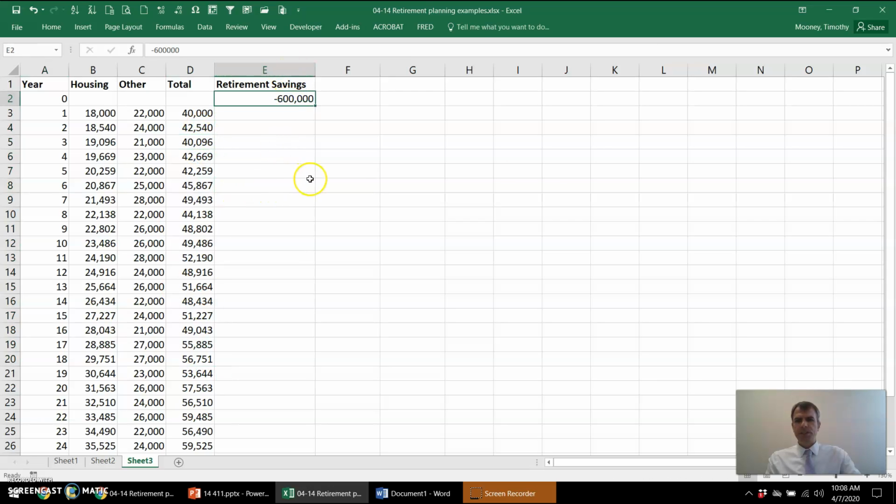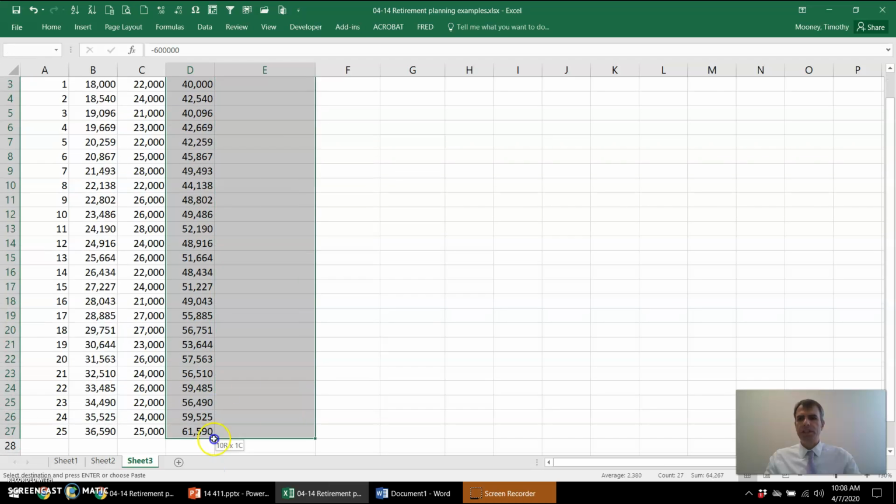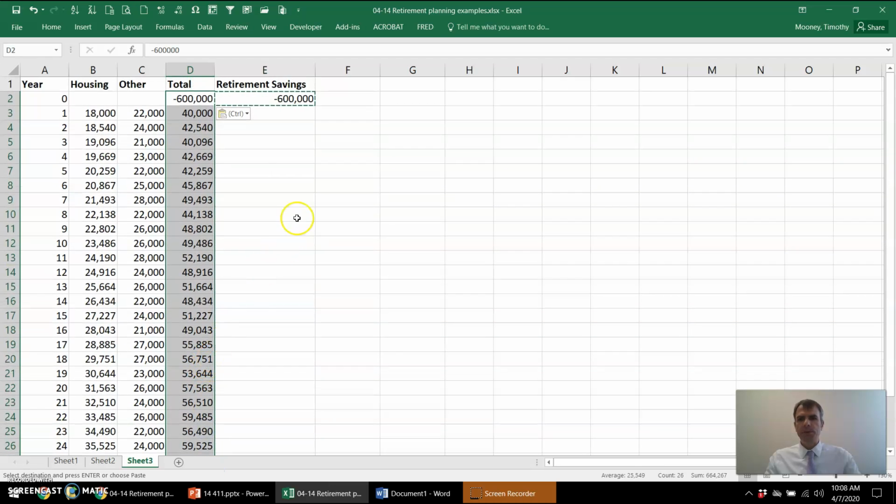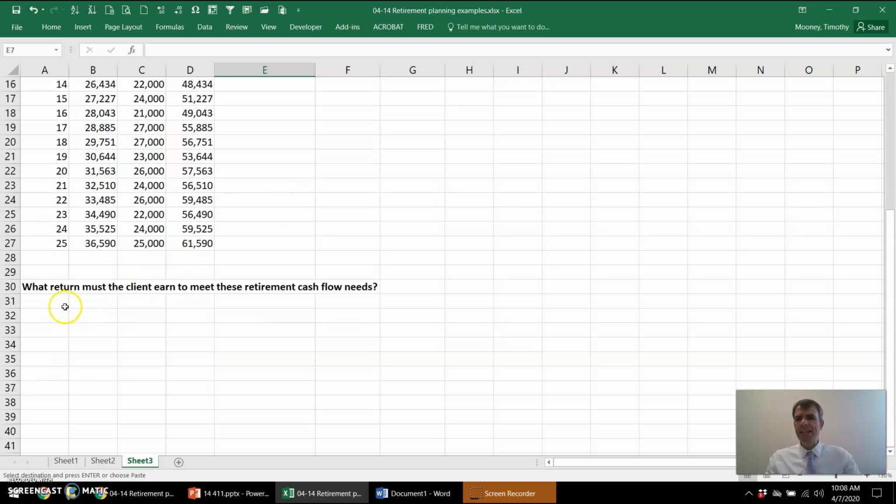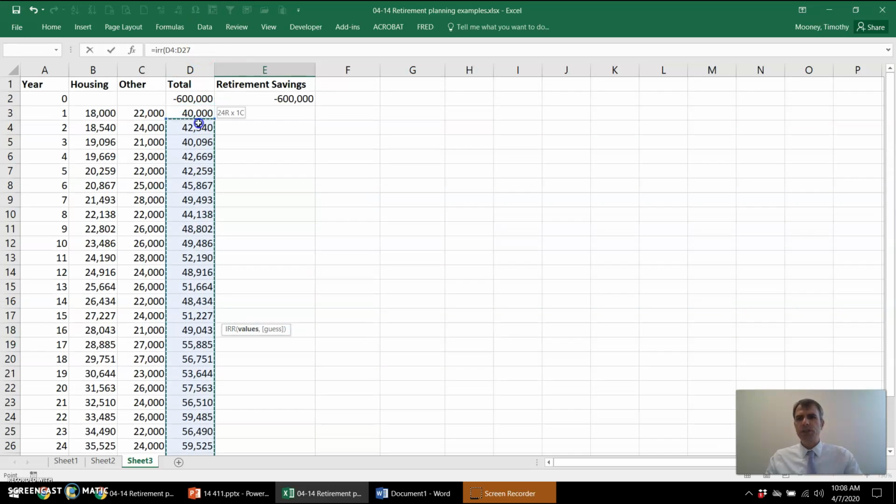If we start out with $600,000, and actually, why don't I copy and paste this so it's right above this so that we have one contiguous cash flow timeline cell range. And then to answer this question, we'll use the IRR function again. What discount rate gives these future retirement cash flow needs a present value that sums to exactly $600,000?